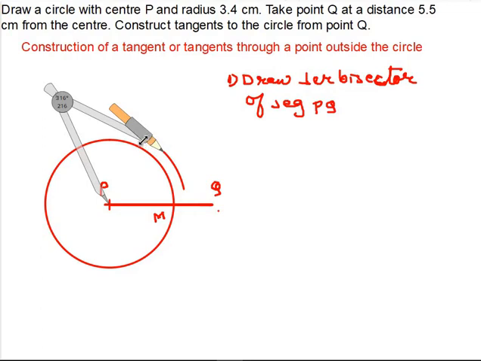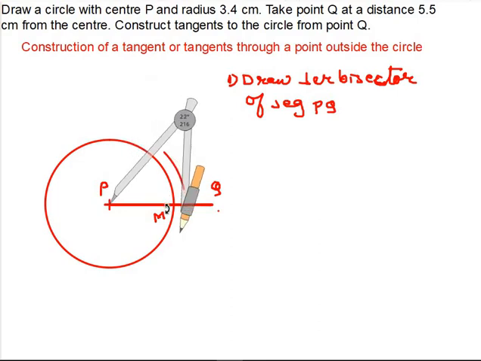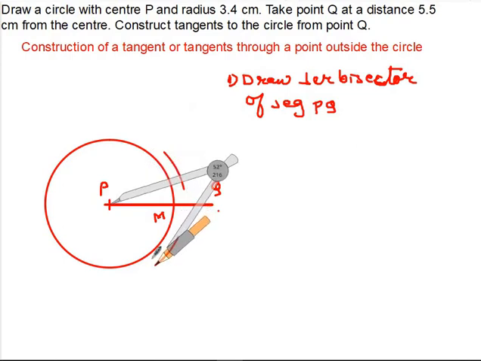Do not change the distance, and carry the same distance and make a mark below line PQ, and see that these arcs are just in line with the point M.